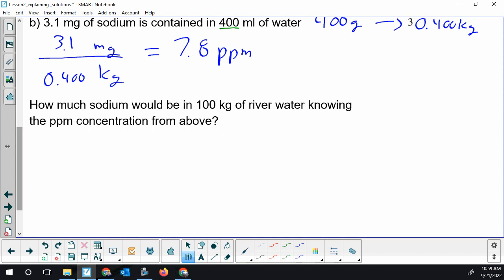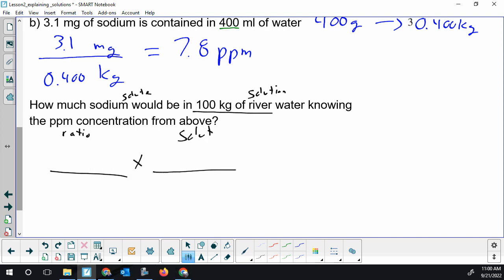So how much sodium, how much solute, would be in 100 kilograms. So that's our solution. I'm going to take our concentration, turn it into a ratio, multiply by solution, and that's going to tell me the solute.